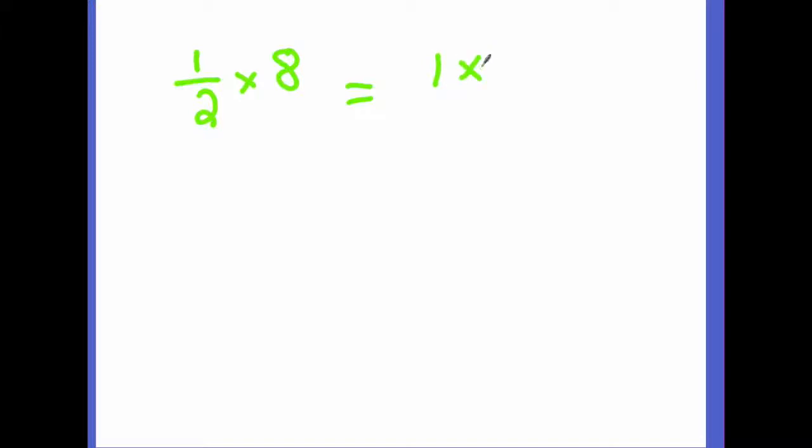1 times 8 over, what's it going to be on top of, everybody? 2, because that's my denominator. So what would my answer be? 1 times 8 is 8 over 2. And can we keep it that way? No. What would it be?